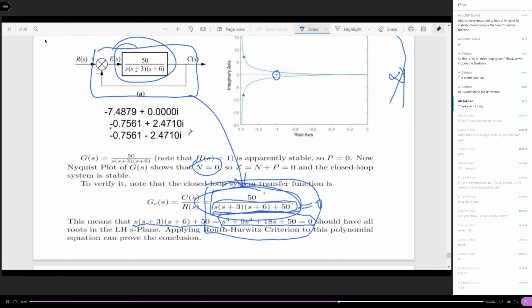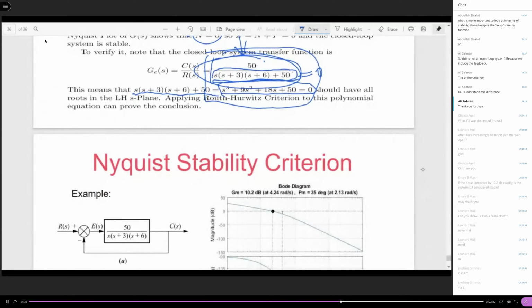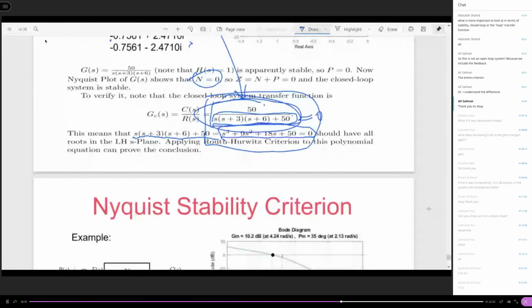I need to know its Nyquist plot. Once I know this information, then I can tell you if the closed loop system is stable or not. This is nice, right? We only need open loop system information to derive the closed loop system stability information.